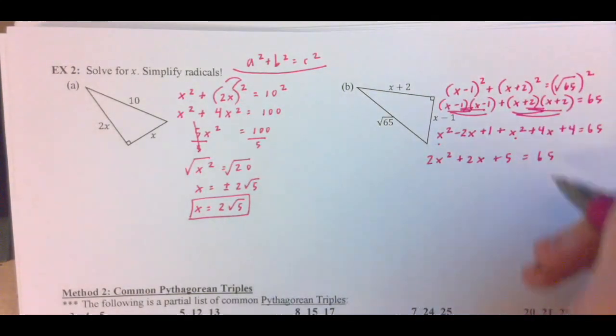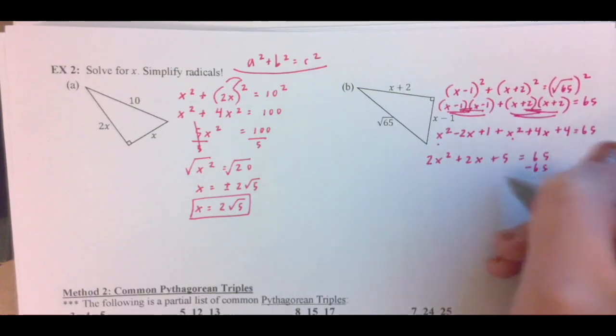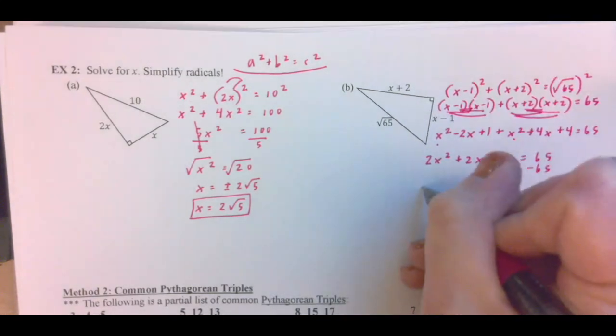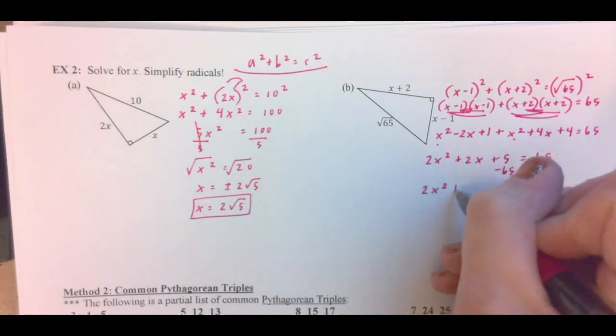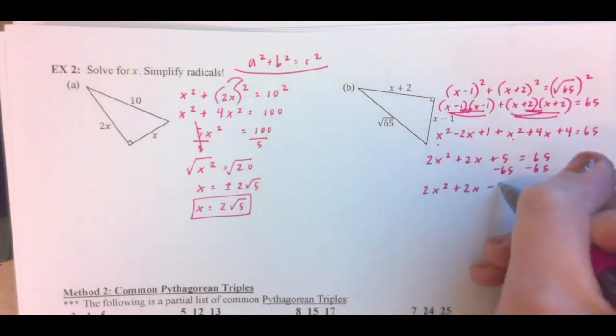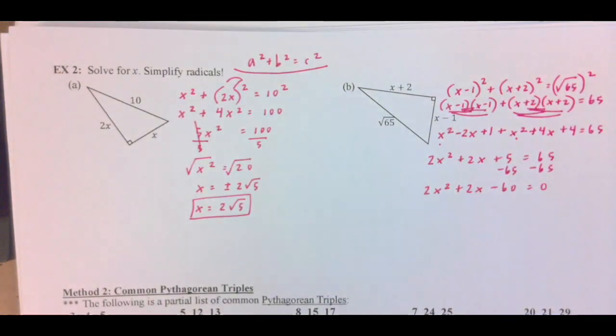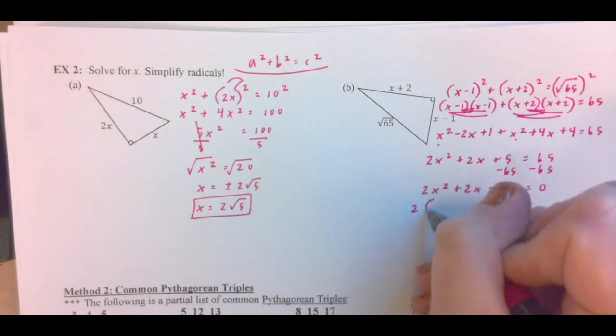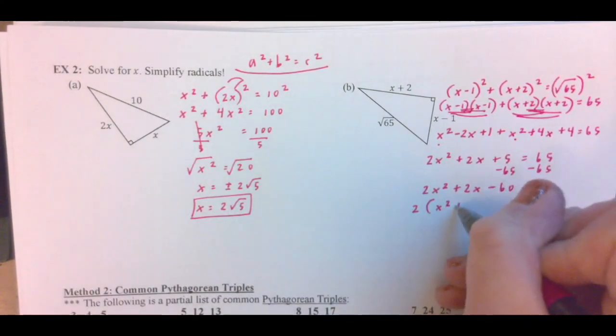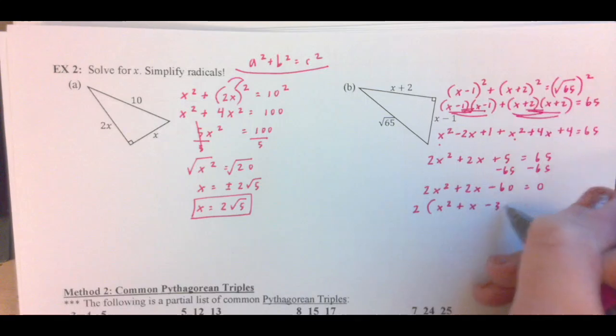Okay, I'm going to pull to one side, subtract that 65 over, and I'm going to solve it by factoring. So first glance, I have a GCF, so divide out the 2, leaving behind an x squared plus x minus 30.